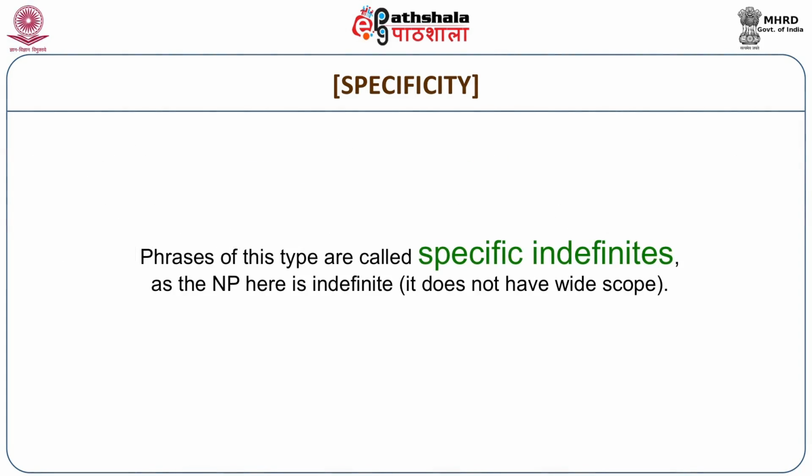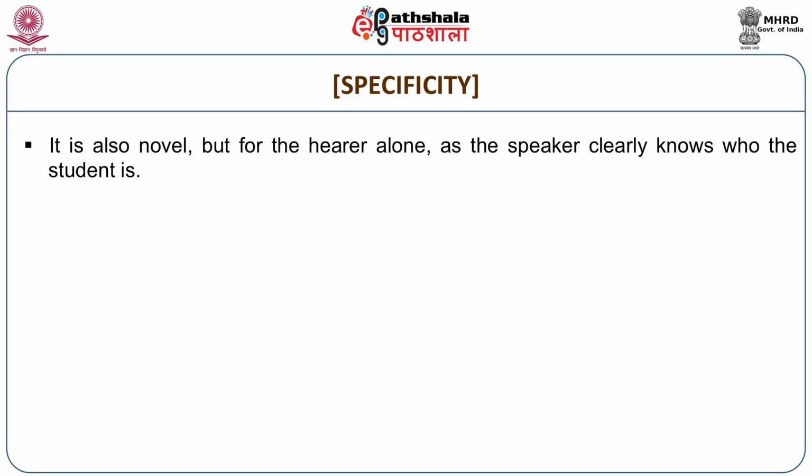Phrases of this type are called specific indefinites, because the noun phrase here is indefinite, and picks out an individual who corresponds to my set of friends or set of students. However, it is noteworthy only for the hearer, as the speaker clearly knows who the student is.